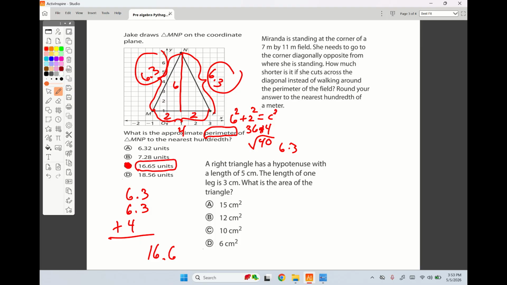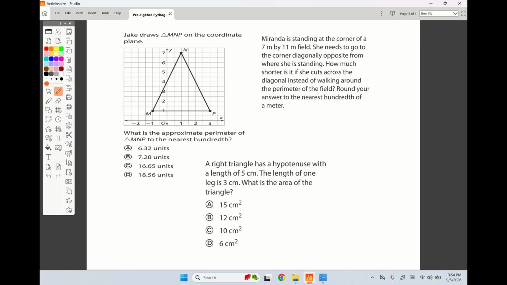Diagonal. How much shorter is it if she cuts across diagonal instead of walking around the perimeter? So if she's standing here and she walks the normal route, she's going to walk 18 meters. So this is our base value that now we're going to compare with if she cuts straight across, how much shorter is it? Because that's the question, how much shorter?